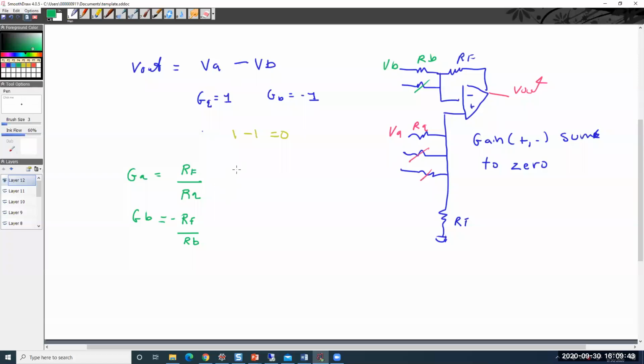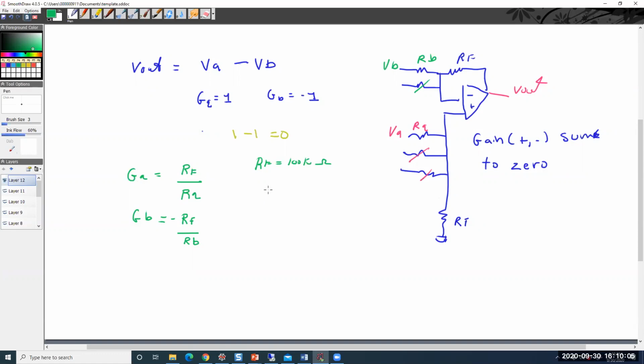So now if I want to design the circuit, I tend to use RF equals 100 kiloohms, right? Because it minimizes the noise and minimizes the current flow as much as possible, all right?